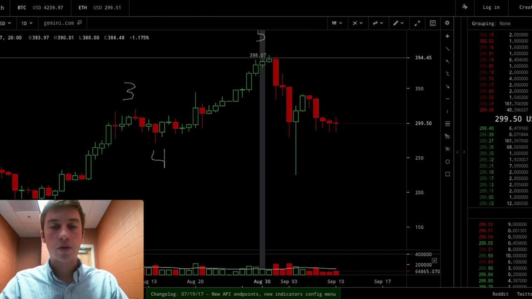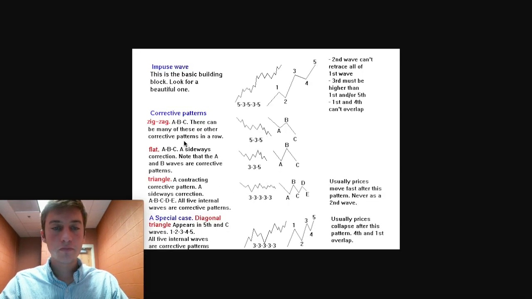And that can happen as well for an ABC pattern. So these are the three kinds of patterns. There are more sub-patterns within these, but I don't really want to go into those too much because they can get quite complicated and into semantics. So if you would like to learn more about some flats and some triangles and to get more into depth about what they look like, I will attach a link in the comments in the description that you can check out.